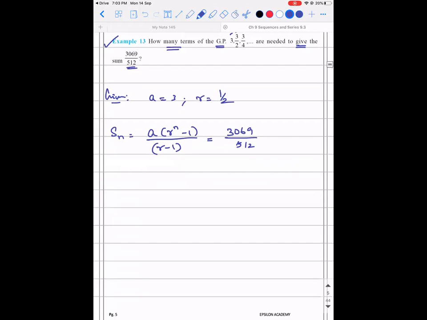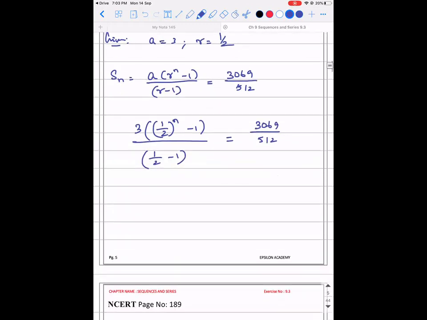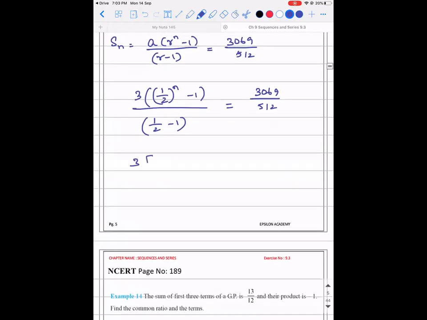So Sn is equal to A into R power n minus 1 divided by R minus 1. So A is 3, R is 1 by 2 to the power n minus 1 divided by half minus 1, is equal to 3069 divided by 512. So 3 into, I'm taking the minus sign out again. 1 minus 1 by 2 the whole power n divided by the denominator, which will be 1 minus half. So this will go up.